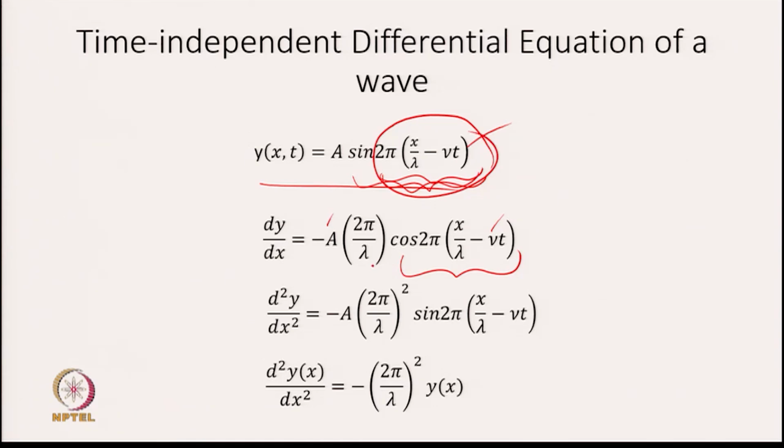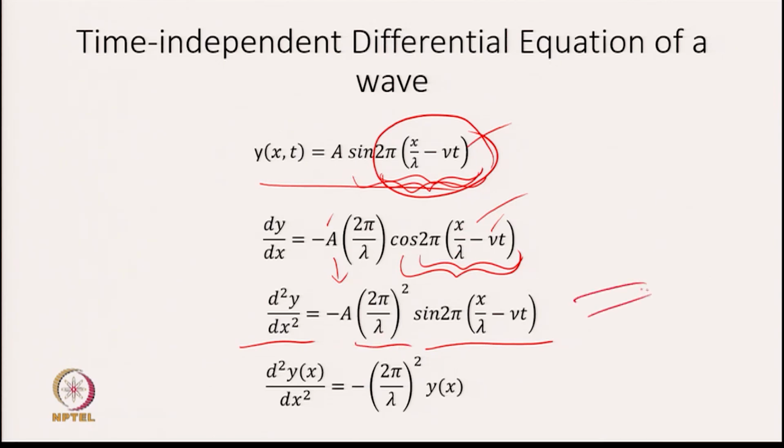If I differentiate again with respect to x, for cos I will get a sine term. Now again we have to differentiate the function 2 pi x by lambda minus frequency into t, and I get 2 pi by lambda again, so this will be 2 pi by lambda square.